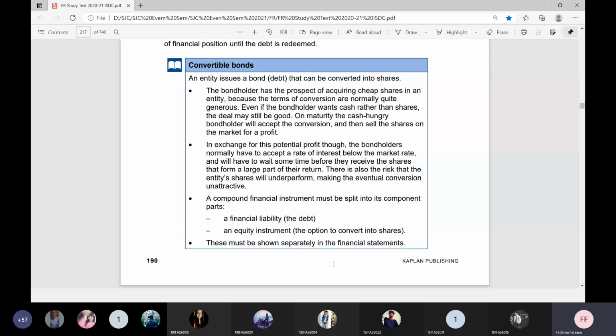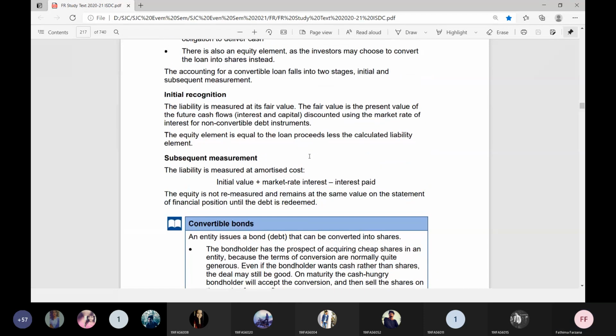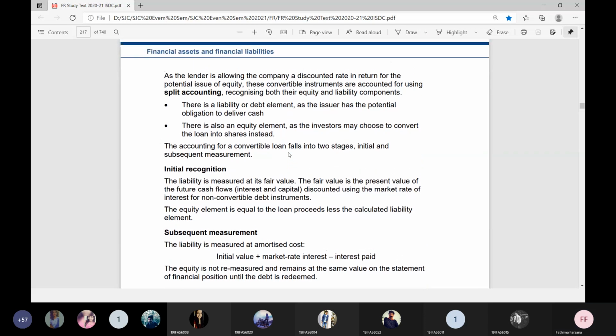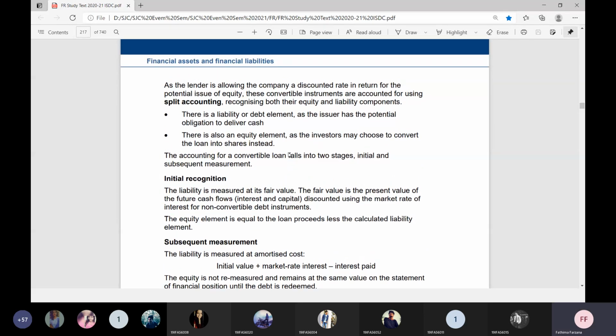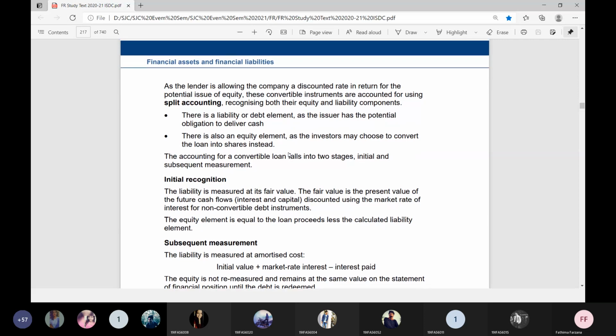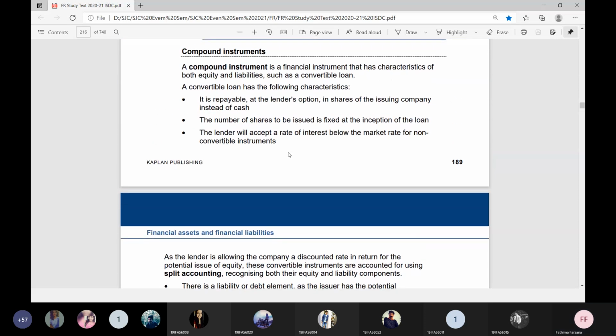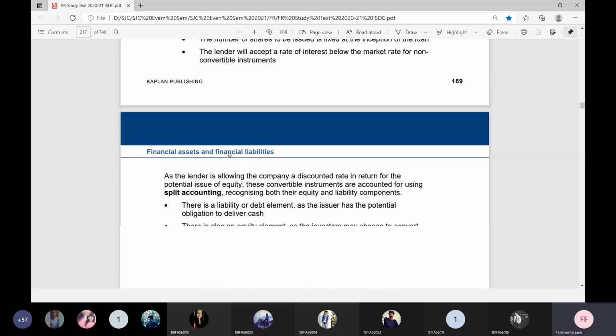In convertible bonds, if you read this, you may get an idea. May get an idea, no assurance. Initial, subsequent, this and all we read. This also we read.